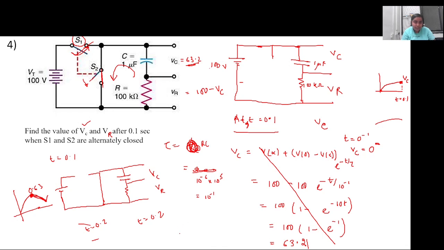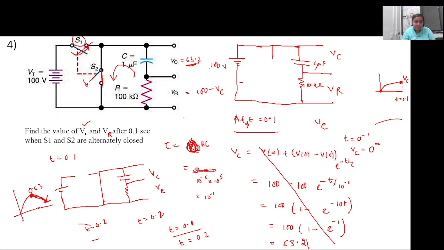So the net discharge will be whatever the value at t equal to 0.1 second was, subtracted from t equal to 0.2. Whatever that value is will be the value after 0.2 second, and that cycle will repeat again. Then S2 will be closed and S1 will be open, and so on.